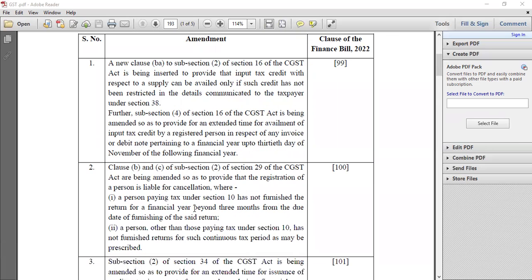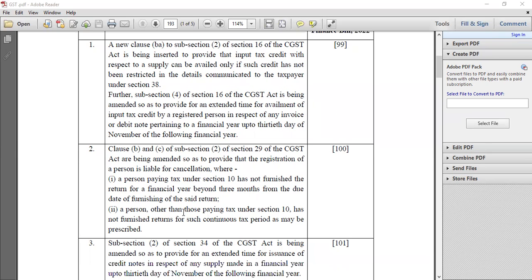Clause B provides that a person paying tax under section 10, if he has not furnished a return for the financial year beyond 3 months, which means that if a composition taxpayer has not furnished Form GSTR 4 within 3 months from the due date of furnishing that return, then the officer may suspend or cancel the registration of that composition taxpayer.